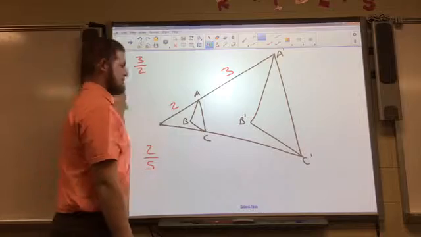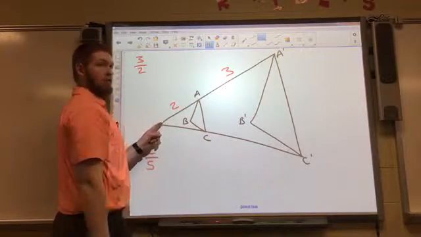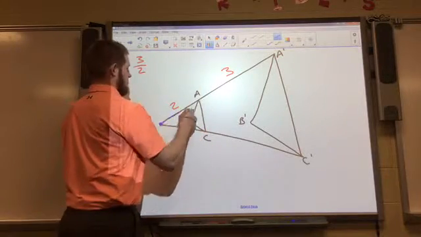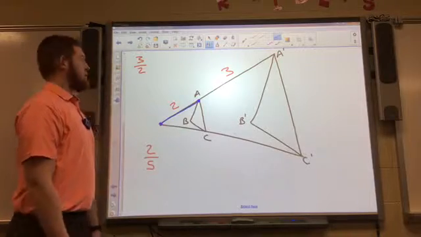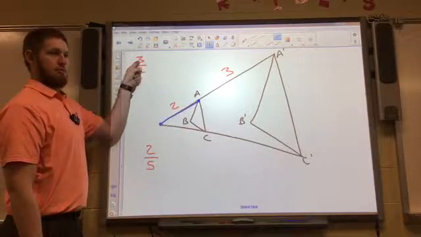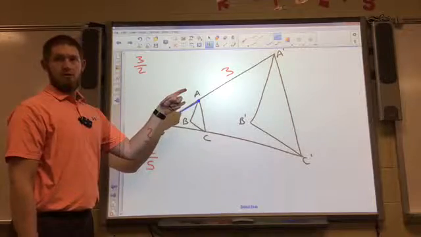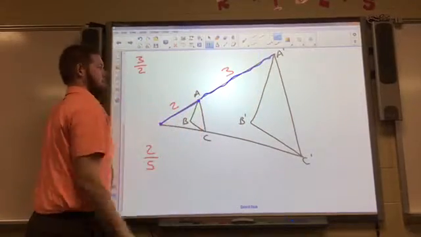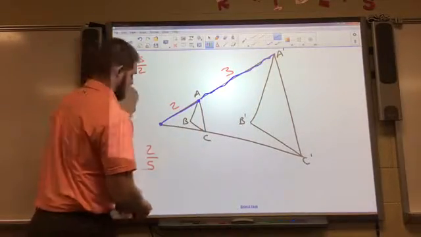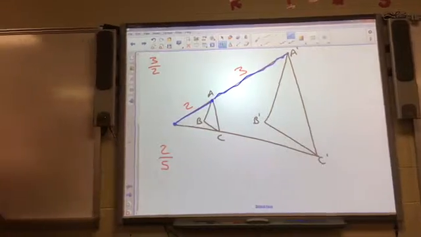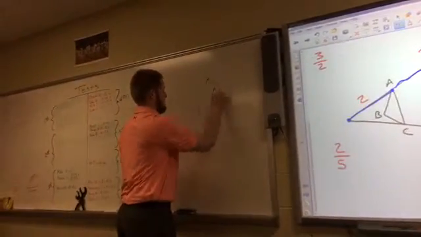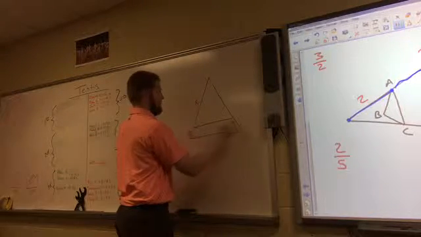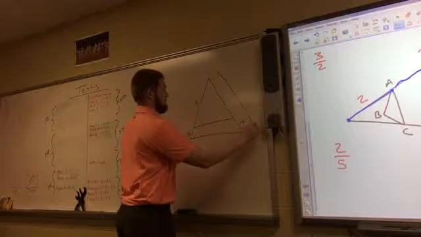Looking at this, my 2 is from my center point to my vertex, right? 3 is not from my center point to my vertex, is it? 3 is just from here to here. That would be like on those problems that we had last week, or just the other day actually. You have x, and you have 12, and you have 14, and you have 20.